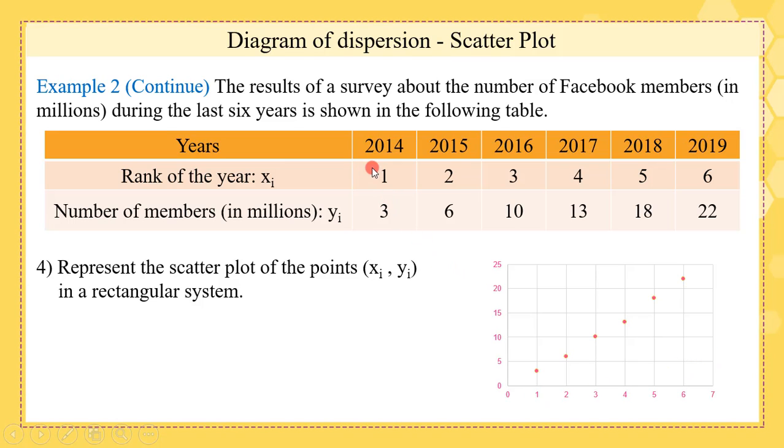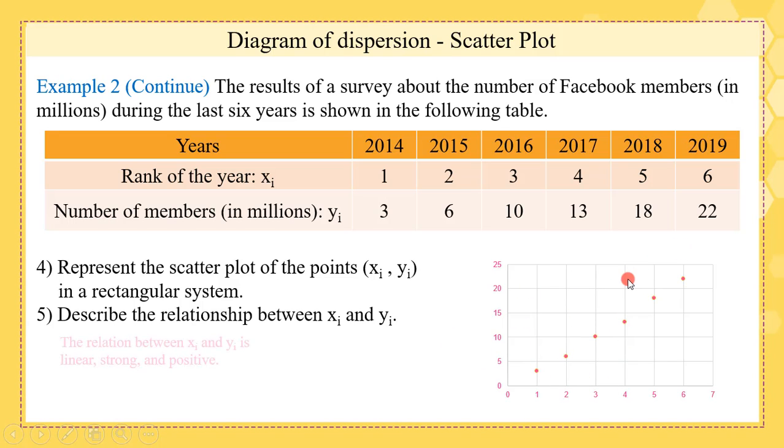For every x we have a value of y, we have a pair xi, yi, and we can represent each pair in the orthogonal system here. Describe the relationship between xi and yi. What do you think here? The relation between xi and yi is linear, strong, and positive, since as x increases, y also increases.